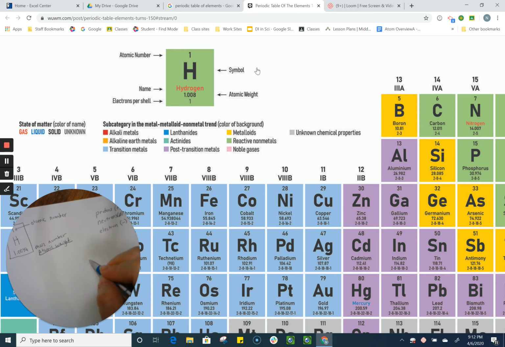And basically, the protons and neutrons are located in the nucleus of an atom, and the electrons are orbiting that nucleus. Now, on some worksheets, they're going to draw the nucleus as a circle. And that's okay, but when we start talking about electrons and where they're going, talking about energy levels or orbitals, we use circles to represent those sometimes.